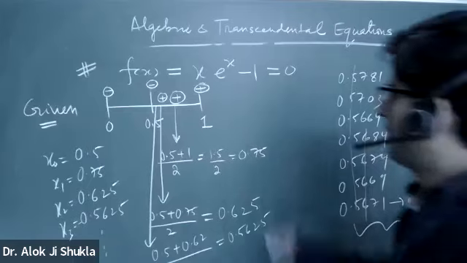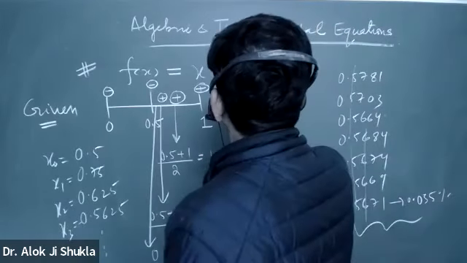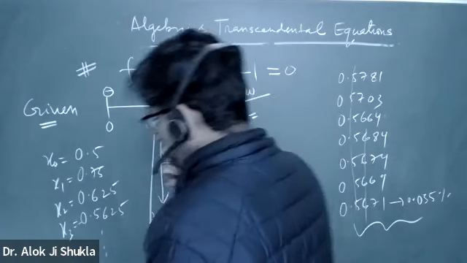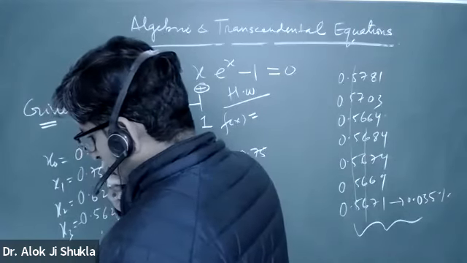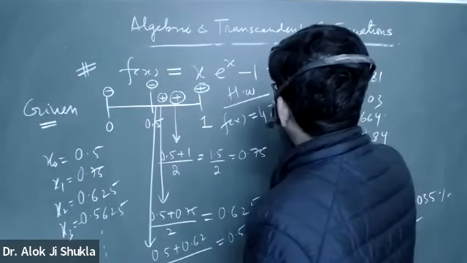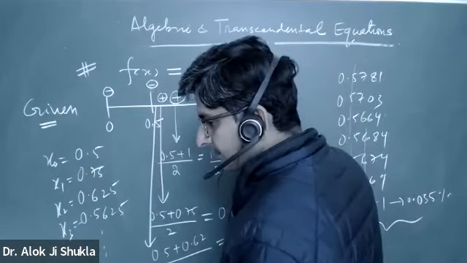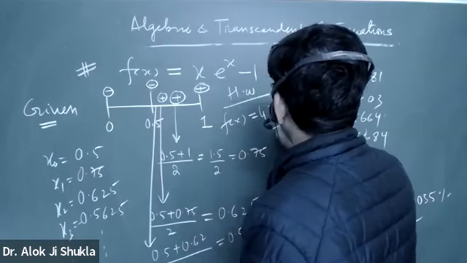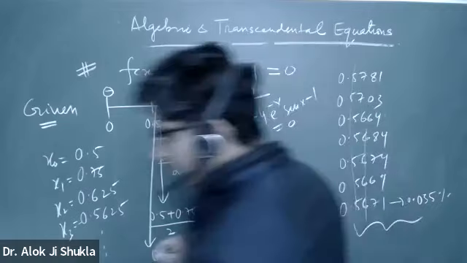Let me give you homework. Take this function: f(x) = 4 e^(-x) sin x - 1 = 0.